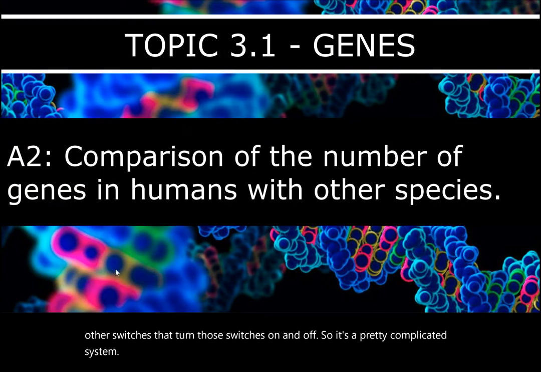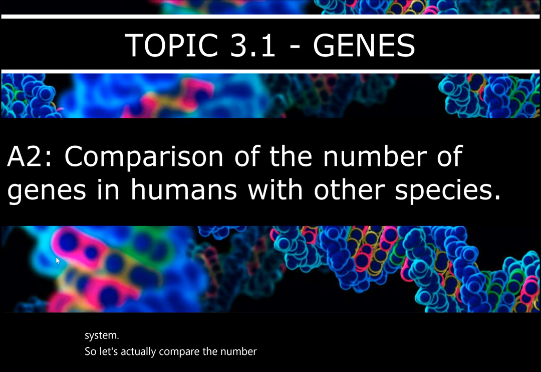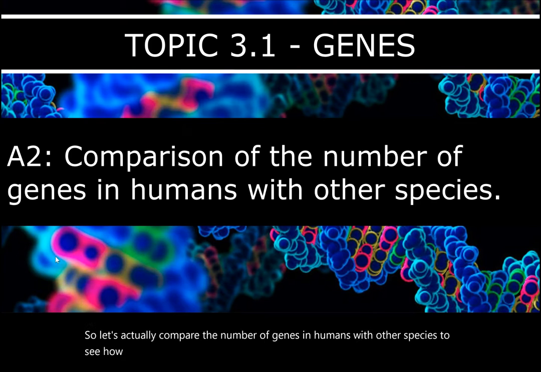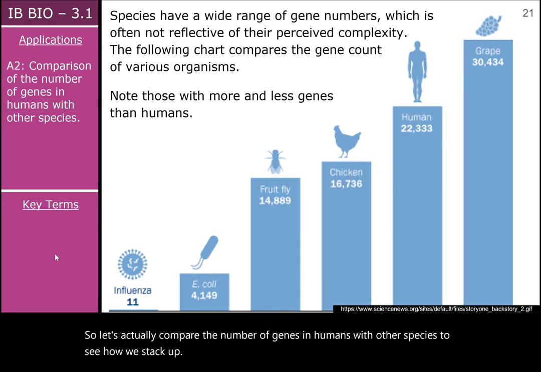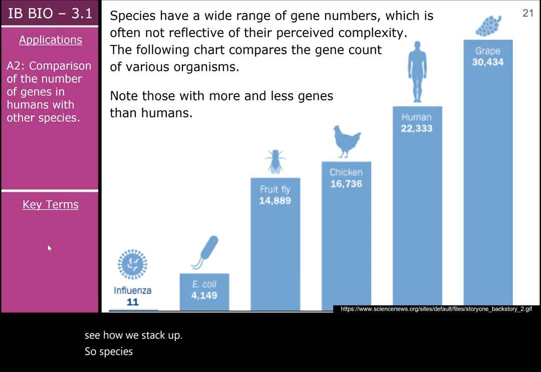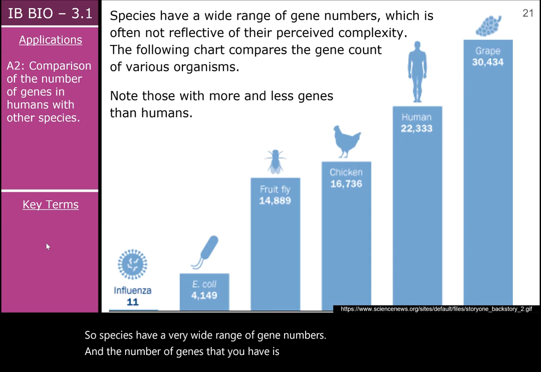So let's actually compare the number of genes in humans with other species to see how we stack up. So species have a very wide range of gene numbers, and the number of genes that you have is not reflective of an organism's perceived complexity.